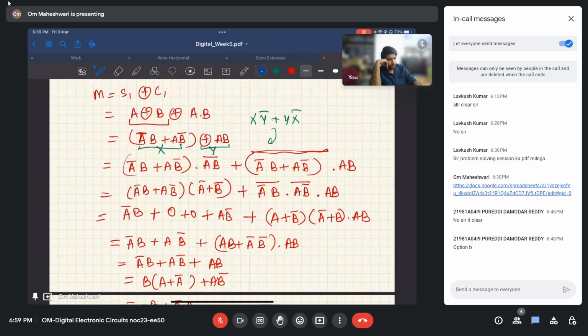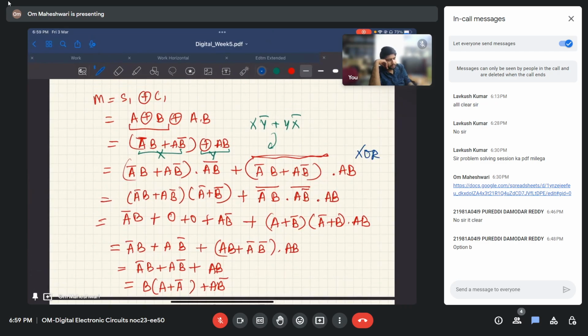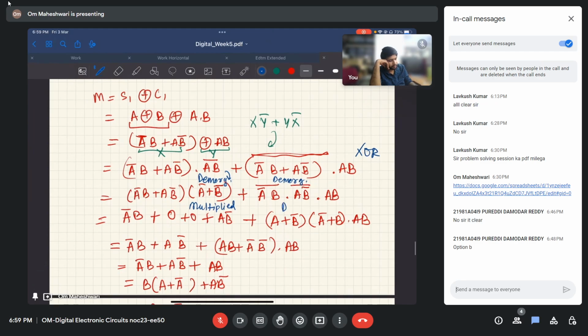So I'll mention what I have done here. XOR here, we just multiplied this. This is just XOR. Here is De Morgan's here and De Morgan's here. Then I've just multiplied here, and this is again De Morgan's.